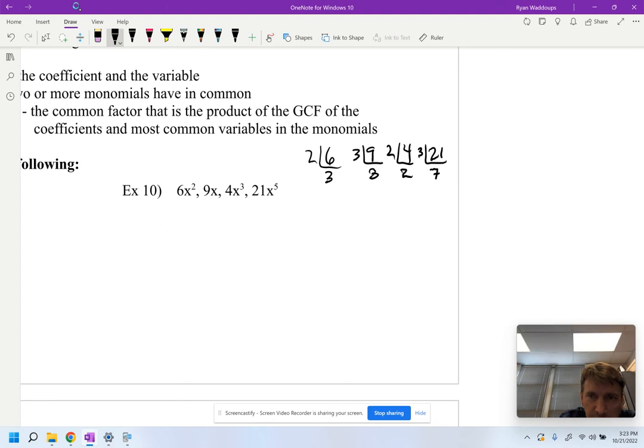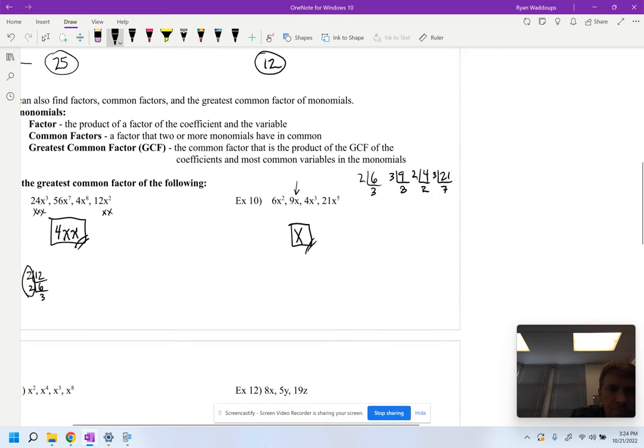They don't share any prime factors, which means that their greatest common factor is 1. They always have that 1 in common. But do they all have x's? They do. And how many x's does the least amount have? 9x only has 1. And so their greatest common factor in this case is x. You could write 1x, but usually we don't write the 1, so we just write x. And x is their greatest common factor.